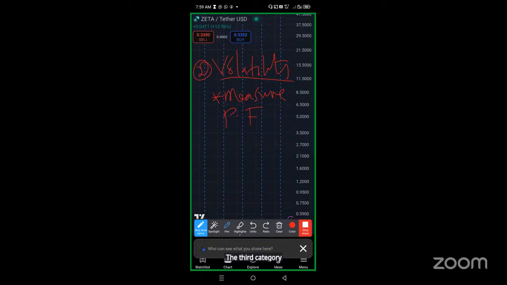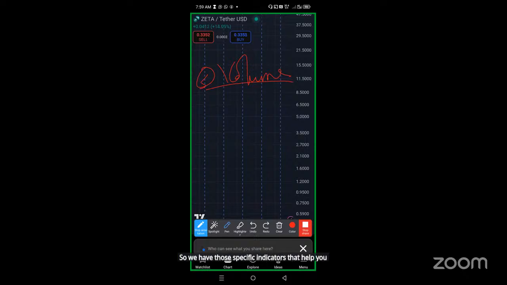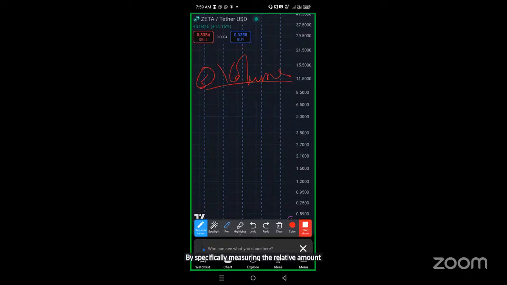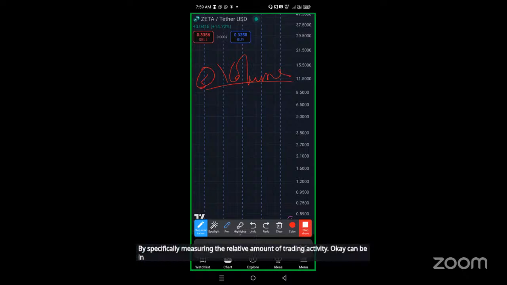The third category of indicators is what we call the volume indicators. So we have those specific indicators that help you analyze the strength of price movement by specifically measuring the relative amount of trading activity. Okay, can be in 24 hours or any time frame that you would have selected for yourself.